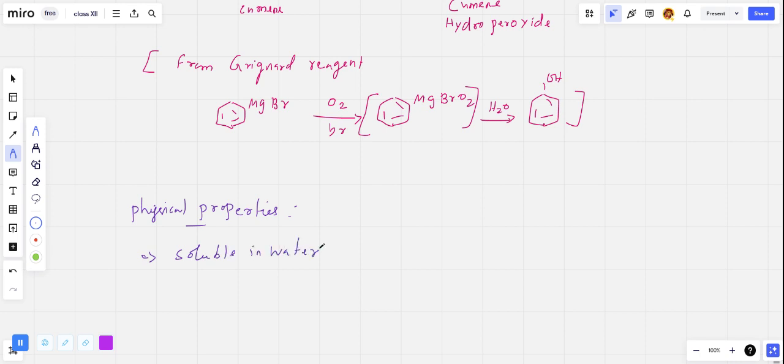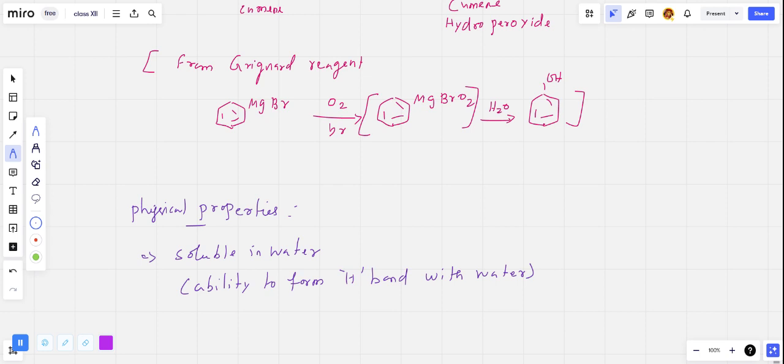The reason is the ability to form H bond. H bond means, here, the OH bond. OH, NH, and FH form H bonds, we know that. So due to the ability to form H bond with water, alcohols and phenols are soluble in water.